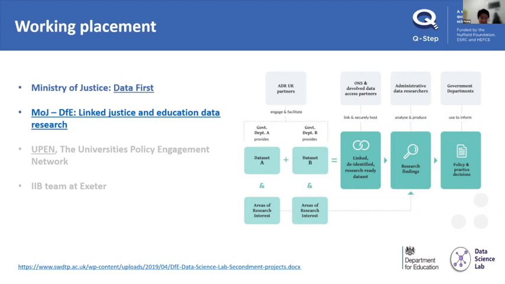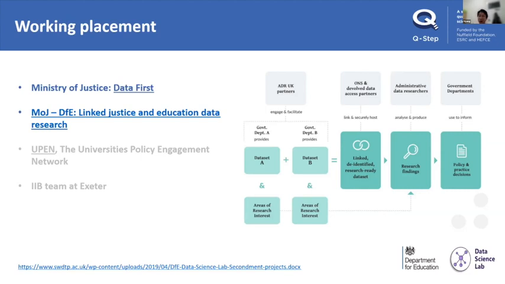In late 2019, when the data linkage program was initially started, the data science lab at the Department for Education also started an internship plan for the very first time. They were looking for PhD candidates to work on several different research projects during the 3 month internship.